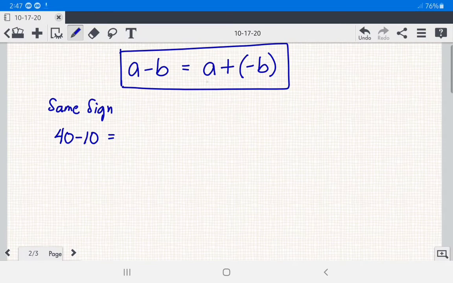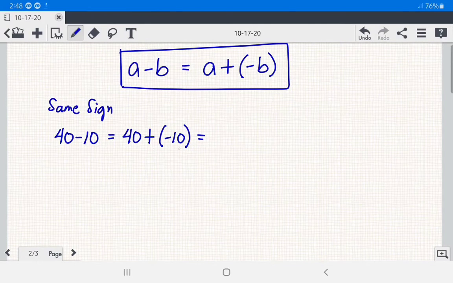But if you're going to make use of this formula, this is equal to 40 plus, we all know that this is positive 10, so change it to negative 10. Okay, so this is the additive inverse of positive 10.